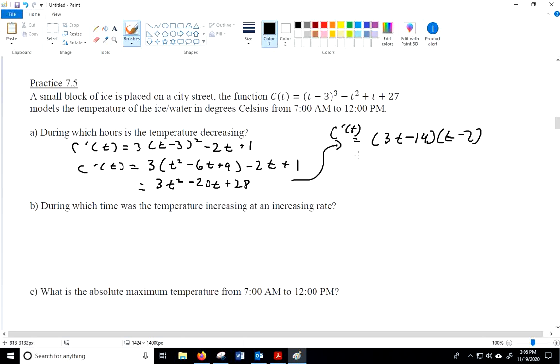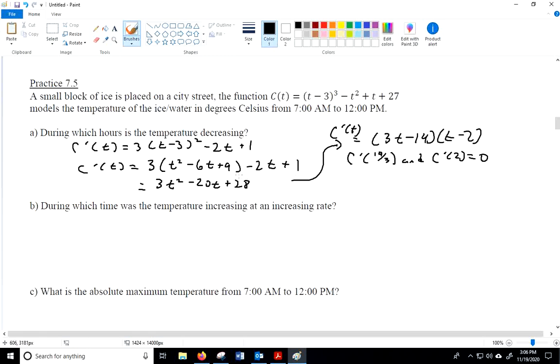So we see that it's going to be equal to 0. So c prime of 14 over 3 and c prime of 2 equals 0.